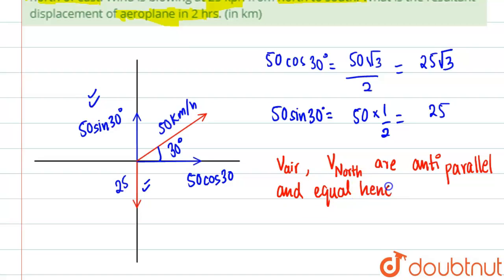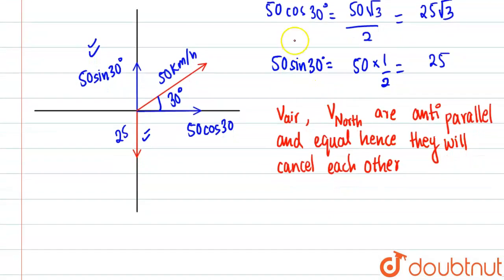Hence, they will cancel each other. Got it? So now we only have 50 cos 30 degrees left. It will just be moving in this direction, because this and this get cancelled, so it will move in the east direction, eastwards.